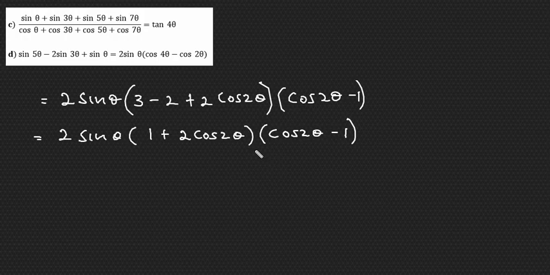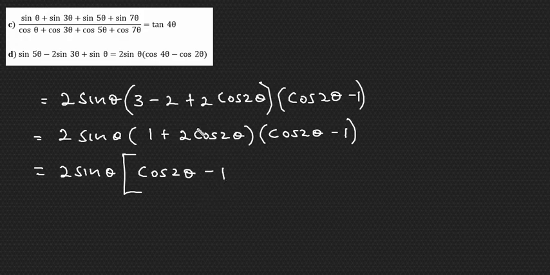So from here I'm going to multiply, so let us multiply these two brackets. So here we shall have 2 sine theta. So 1 times cos 2 theta, we get cos 2 theta. 1 times negative 1, we get a negative 1.